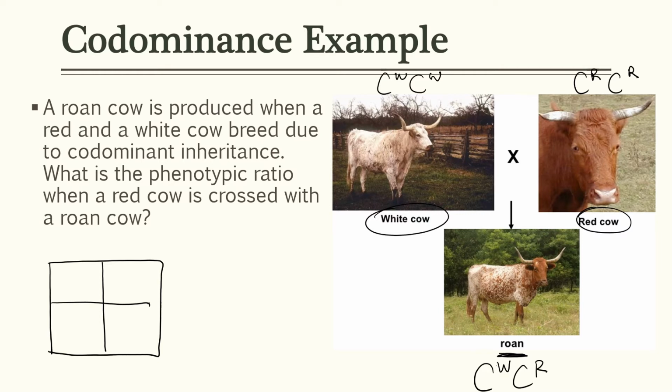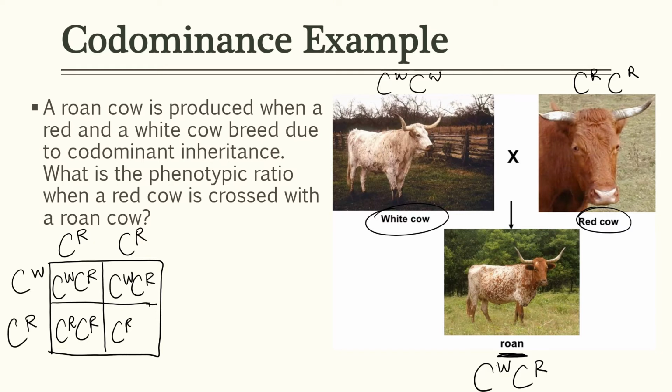So let's do this cross now that we have our genotype straight. The red cow is going to be crossed with the roan cow. And when I do that cross, I end up with this particular mix of my alleles. I'm going to end up with red cows and roan cows only. So what's my phenotypic ratio? Well, it's going to be 1 to 1 again. 1 roan for every 1 red.